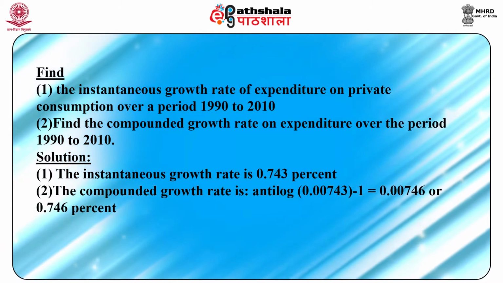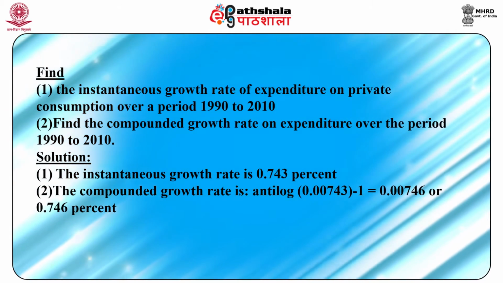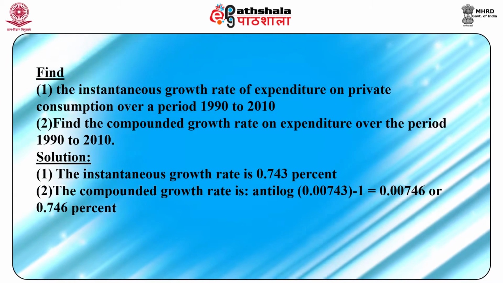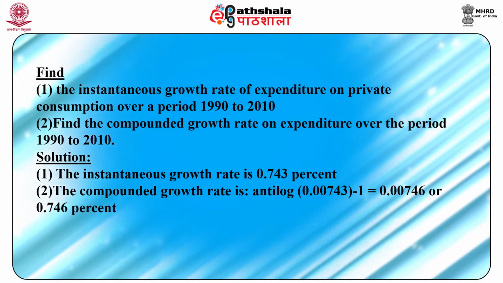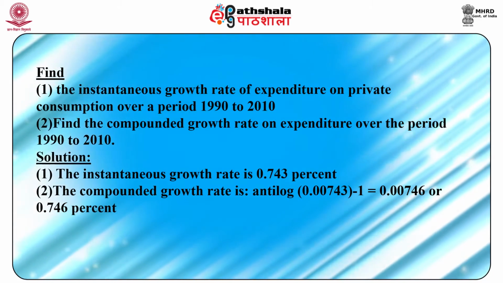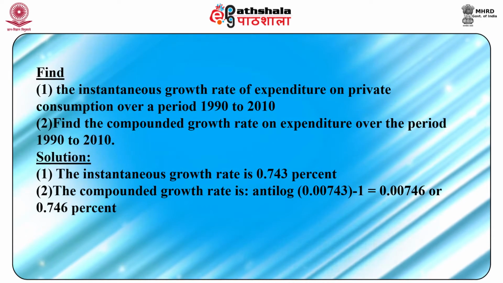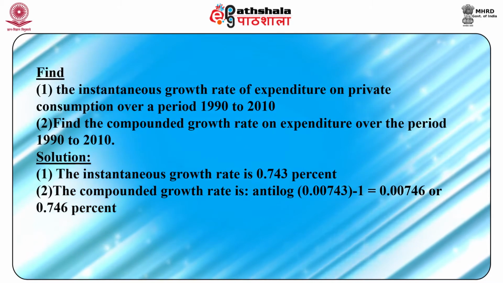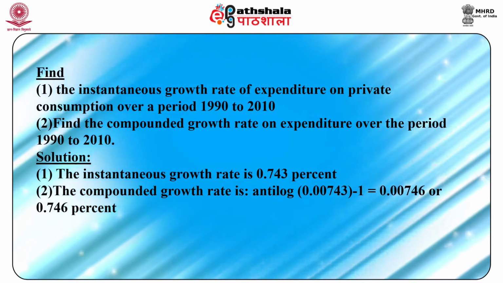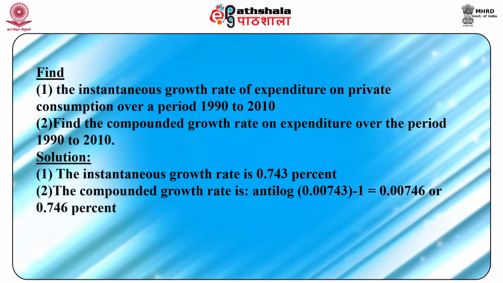The solution of the instantaneous growth rate is 0.743%, which is nothing but the coefficient of t multiplied by 100. Whereas the compound growth rate is anti-log of 0.00743 minus 1, and it comes out to be equal to 0.00746 or 0.746%.